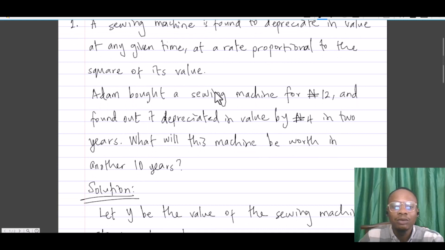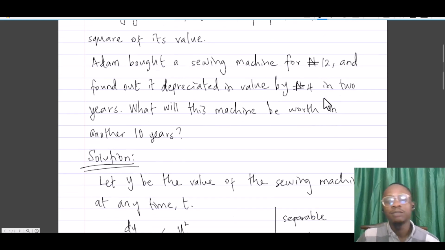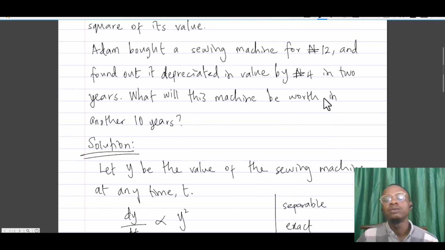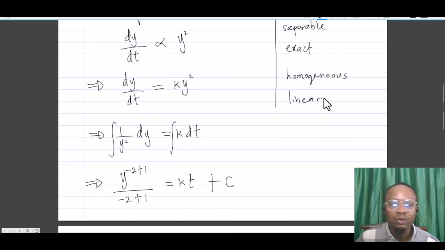It says Adam bought a sewing machine for 12 naira. So we are now monitoring what happens from the point Adam bought the sewing machine. So that will be our time t equals 0. So at time t equals 0, the price of the machine was 12 naira. That means when t is equal to 0, y was equal to 12.